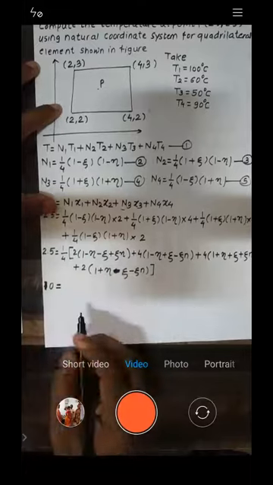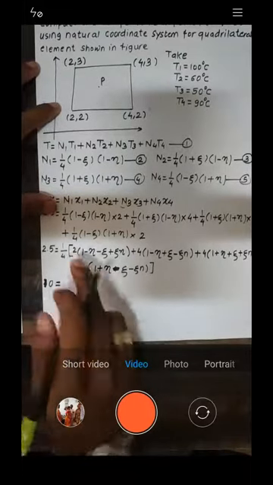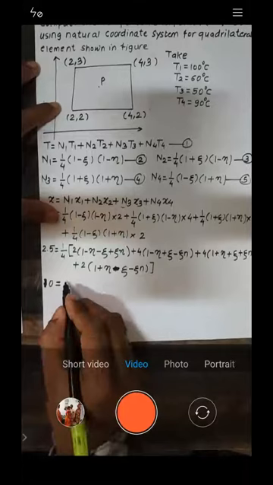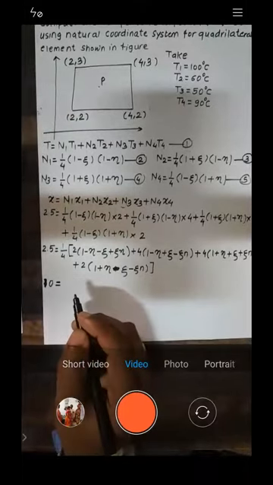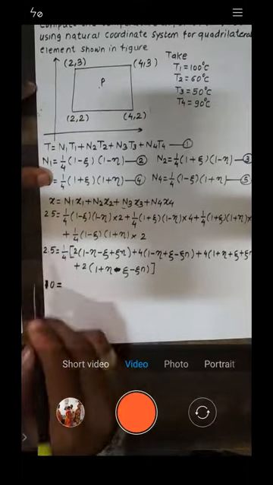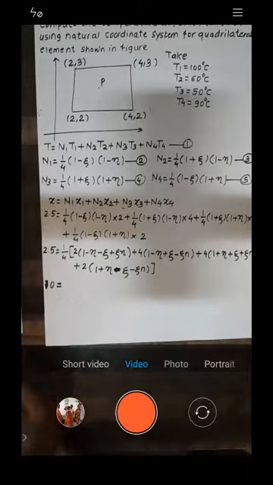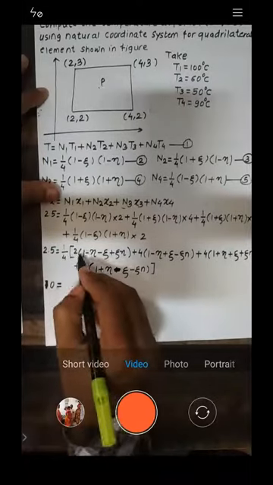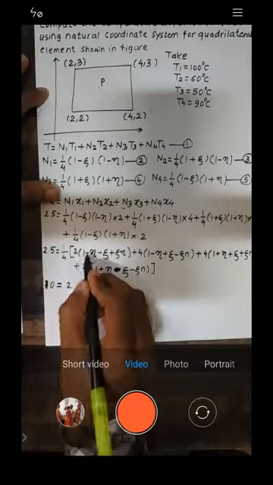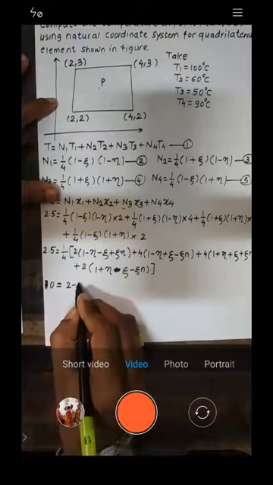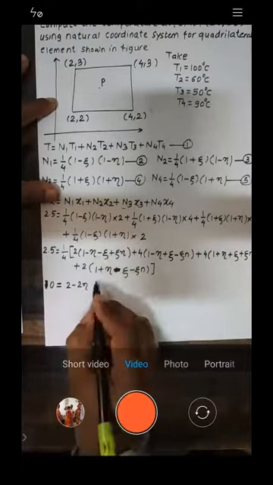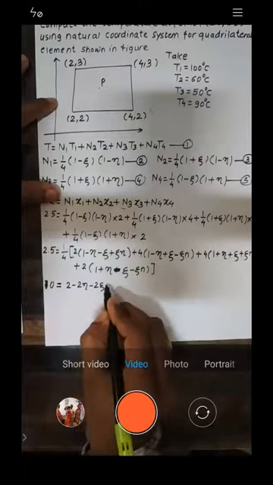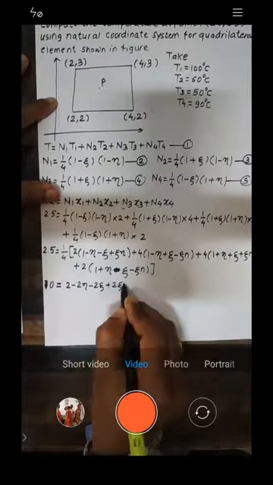Now just split this inside. 2 into 1, so I'll write down that 2. Is it okay with this one or not? 1 by 4, I'm just bringing to the left hand side, so it becomes multiplication, 2.5 into 4. So what is remaining? 2 into 1 is 2. 2 into neta is minus 2 neta. This is minus 2 zeta. This is plus 2 zeta neta, right? Yes or no?